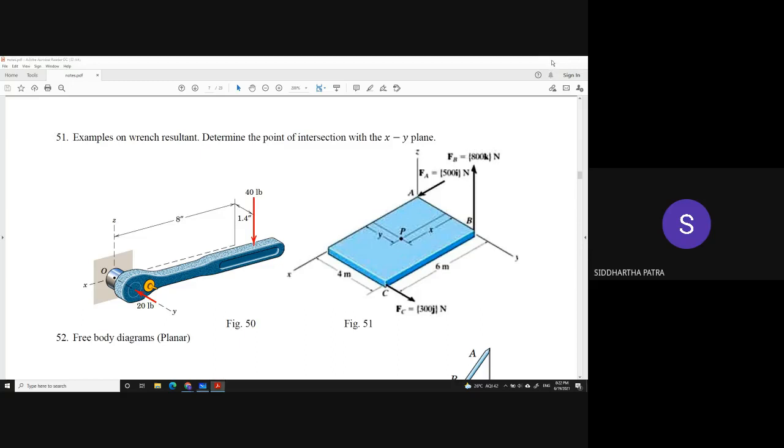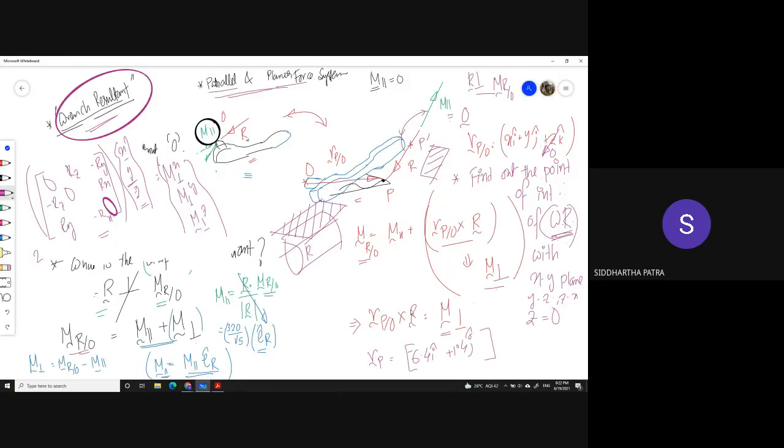I'm not sure whether it's the correct answer, but others can confirm. Can anyone else tell me what you are getting? Could anyone else solve this one? This one is minus 6.4 i plus 1.4 j. So I believe it's the correct answer. Yes, sir, it is coming.